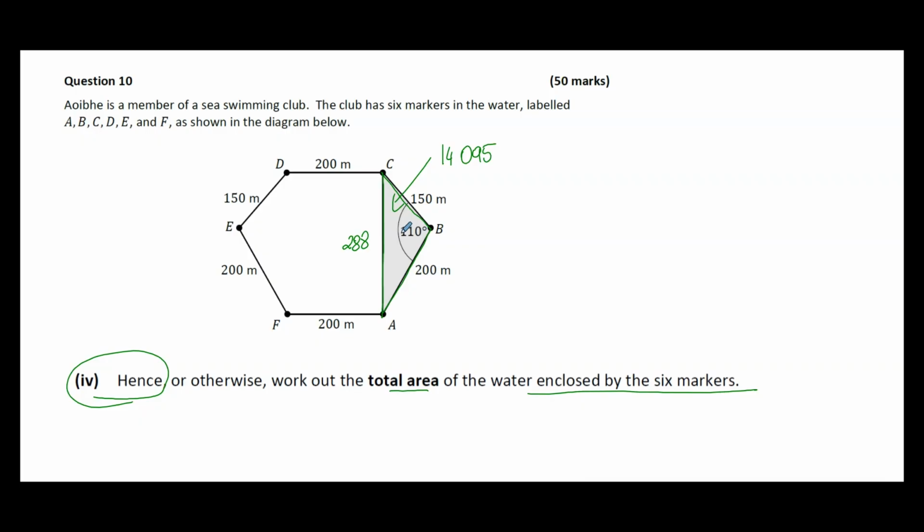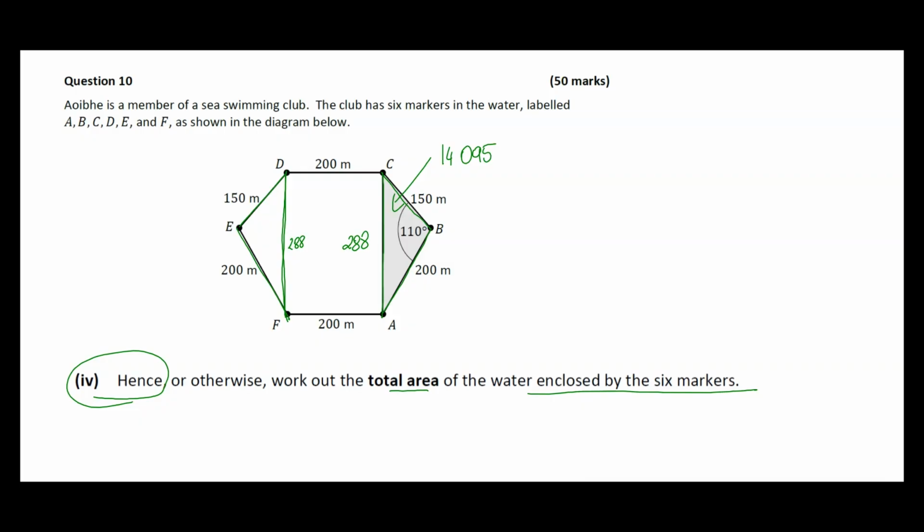So in this case, they are saying consider this triangle. So what do I have left over? That leftover shape, again, I don't have a formula for. But I can identify that here I'm going to have the same kind of triangle. I have 150, I have 200, and that will be 288 length.